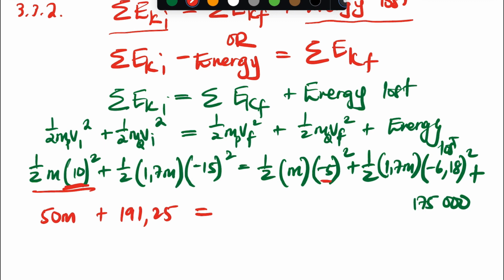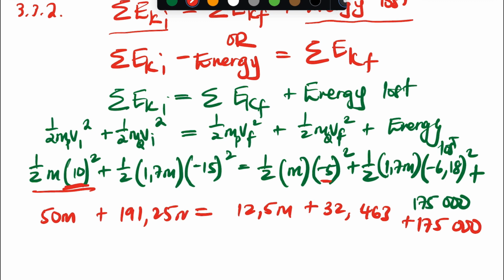So 5 square, it's 25. 25 times half, it's 12.5 m. And then this side, it's going to be half times 1.7 times 6.18 square. So the answer there, it's going to be positive 32.463 plus 175,000. So, and there's an m here that I forgot.